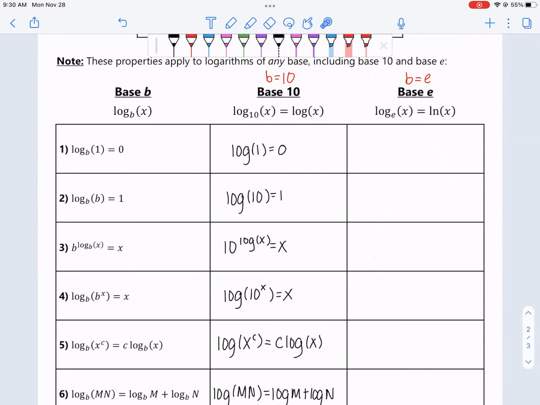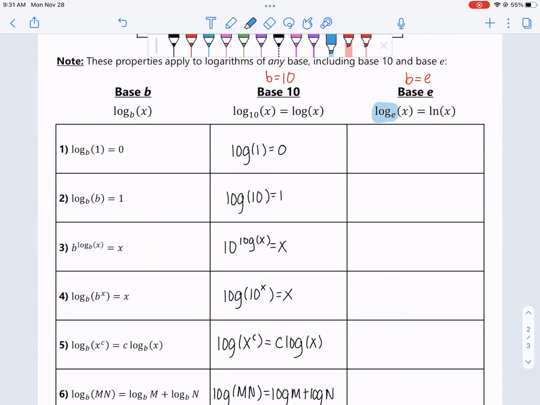All right, trying the base e by yourself. So not writing it as log base e, right? Not just simply doing all of these with an e instead of a b, but using ln instead of log base e. All right, so this would be log base e of 1. Just this part is what I wanted to highlight.